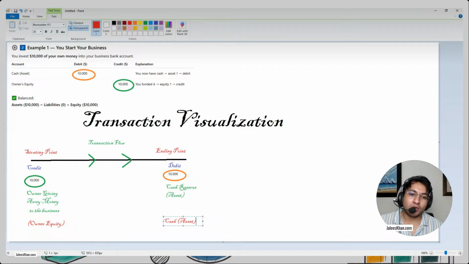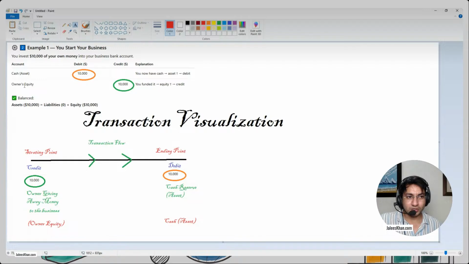So if our business value increases or some money comes into our business, we will know that this increment happened because of the owner's deposit. That's why it says the owner funded it.